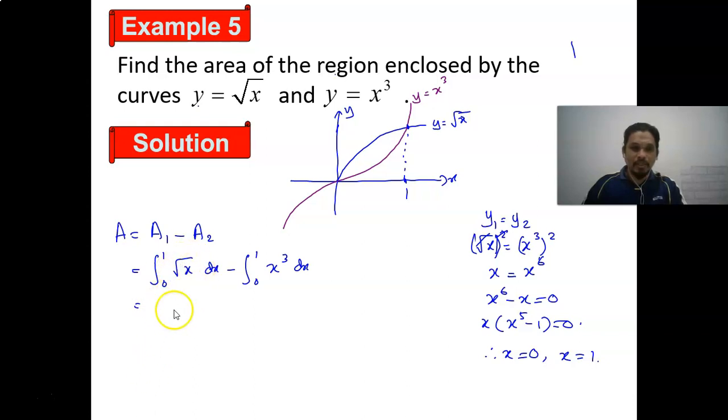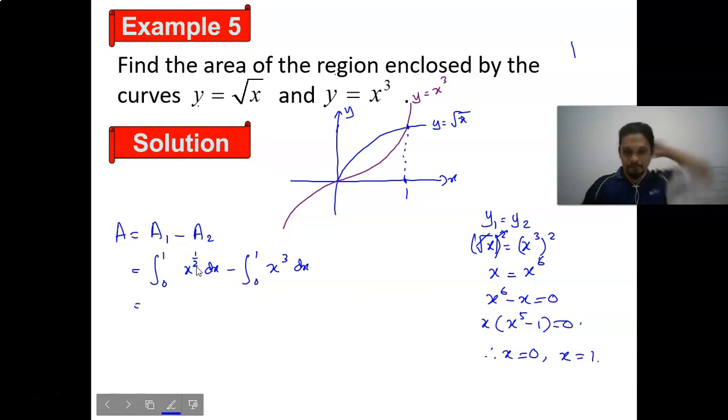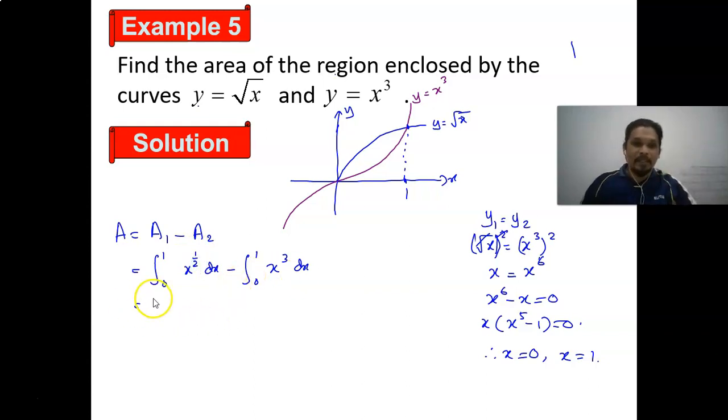And for this one here, what if I change it into x to the power of half? So the integral of x to the power of half dx is x to the power of 1 over 2 plus 1, which is 3 over 2, divided by 3 over 2, minus x to the power of 4 divided by 4, both from 0 until 1.